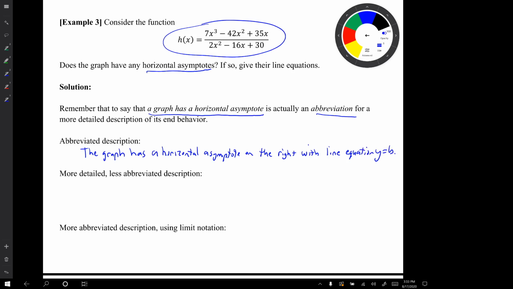That would be a sentence saying that a graph has a horizontal asymptote with line equation y equals b. And a more detailed description of this would be, well, as x gets more and more positive without bound, the values of h of x get closer and closer to b.